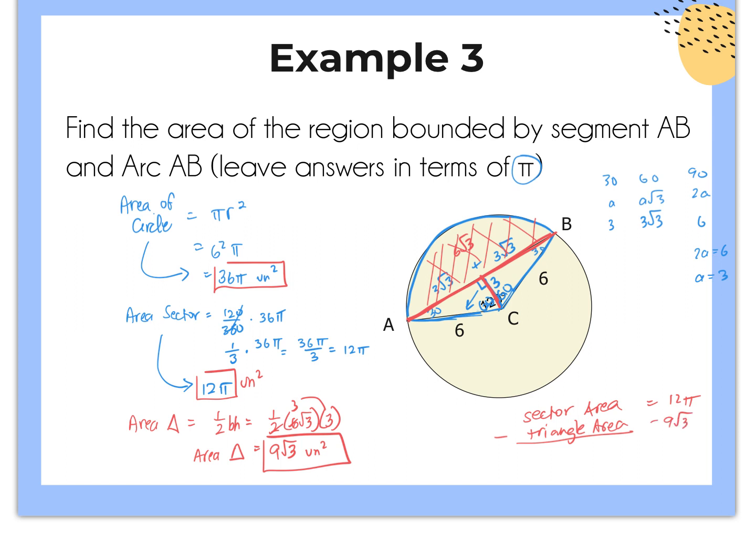So we could answer this as 12 pi minus 9 radical 3 inches squared. Because they told us to leave it in terms of pi, we'll call it the shaded area, and we don't have to do it any more than this. If we wanted to be more specific, we would multiply 12 by pi and subtract 9 radical 3 from it and get our final answer. But that's how you do it.